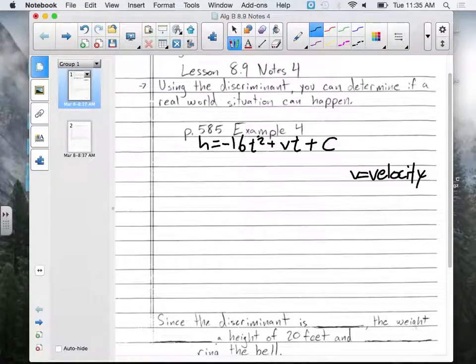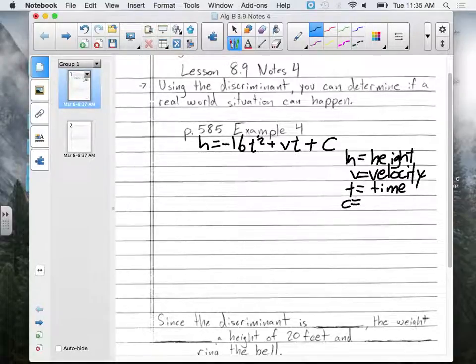So what would H stand for? H is height. And T is time. And C is carnival? That's what I thought too, but sadly no, I wish it was.